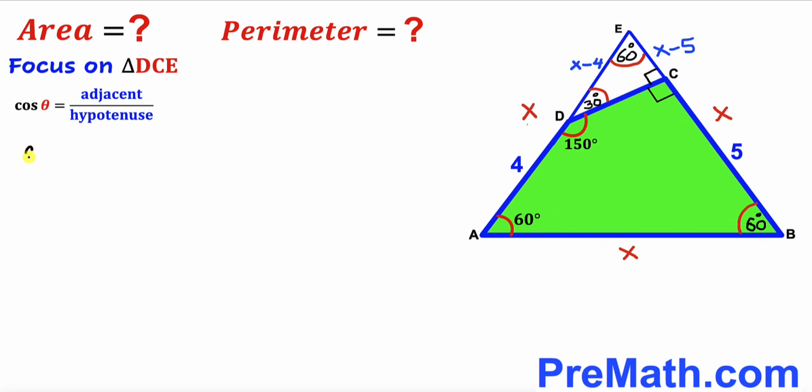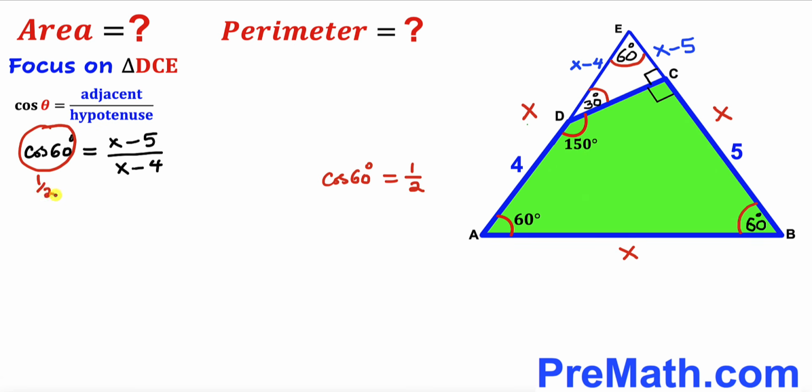So we can write cosine of 60 degrees is equal to x minus 5 divided by x minus 4. Now we know cosine of 60 degrees is simply 1 divided by 2. So I'm going to replace cosine of 60 degrees with 1 divided by 2 over here. Now we are going to cross multiply.